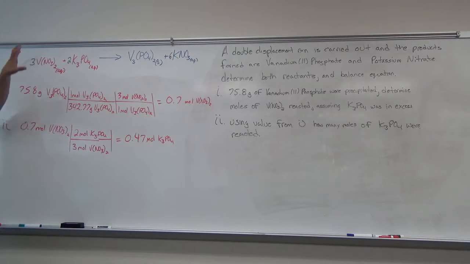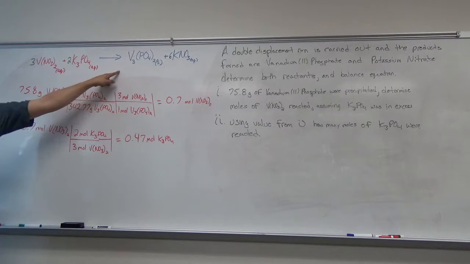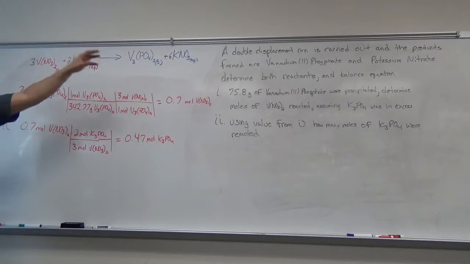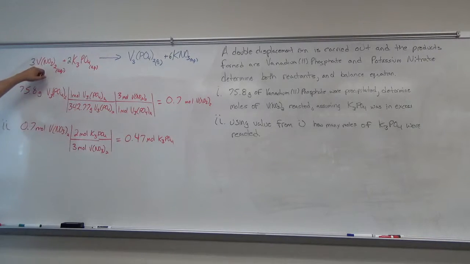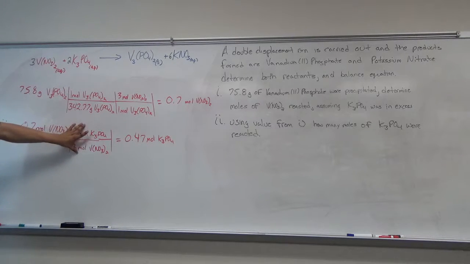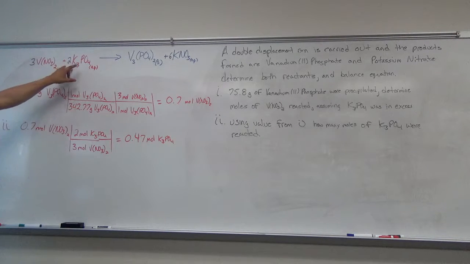You cannot get product unless 3 moles of this reacts with 2 moles of this to create 1 mole of this. Since we know how many moles of this we did react, this ratio will tell us how much of this we used up. And that's essentially what I'm explaining.